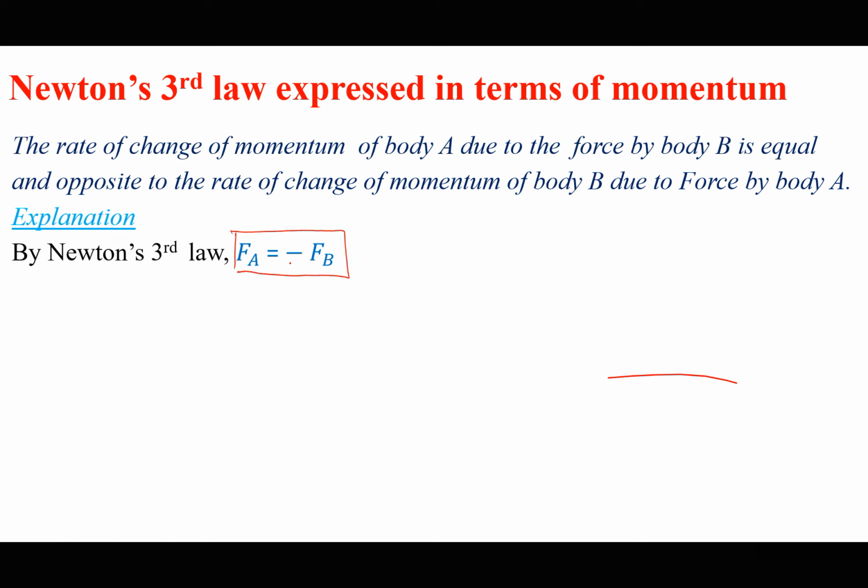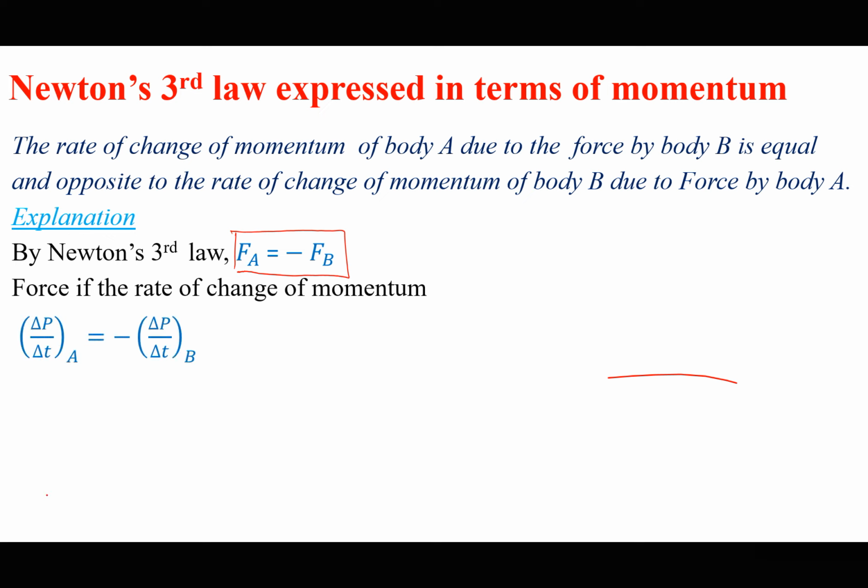The minus shows that the two forces are in opposite directions. But remember, force is the rate of change of momentum. That means where there is Fa, I'll put the rate of change of momentum for body A, which should be equal to the rate of change of momentum for body B, but in the opposite direction. Remember, the time of contact is the same.